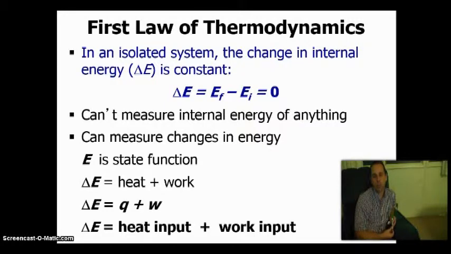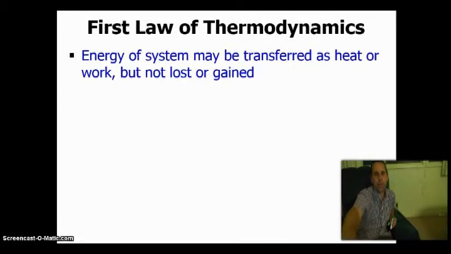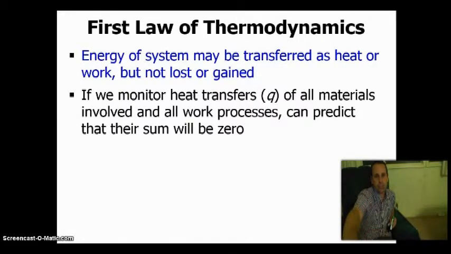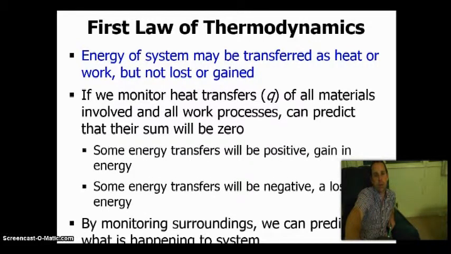And now we have the ability to identify the work by looking at the change in volume of a reaction at given pressures. Okay, so energy is transferred as heat or work, but you never lose or gain energy overall, right? You cannot create or destroy energy. All right, if we monitored the heat transfer, the energy would always be going somewhere, right? In the form of either heat or work.